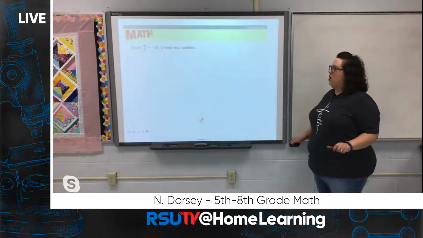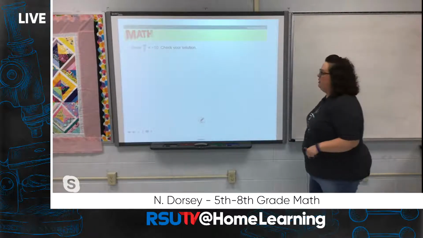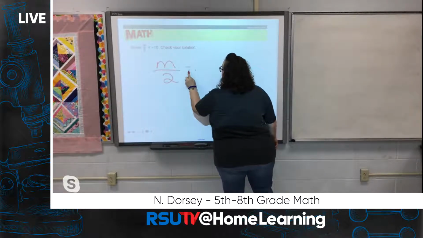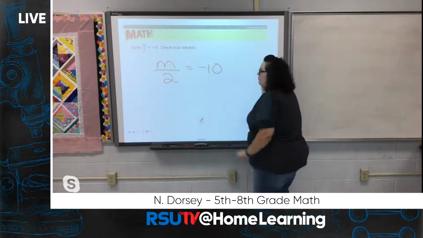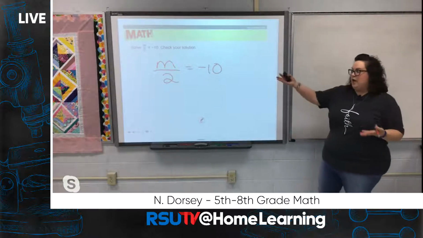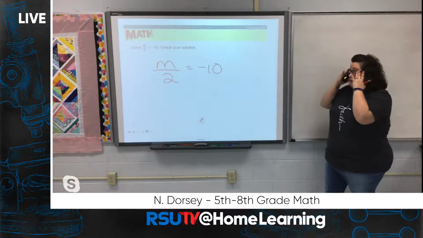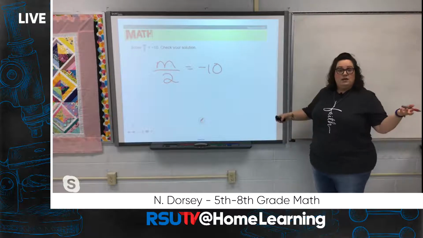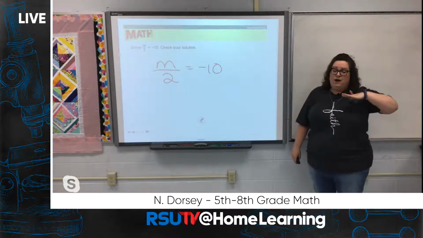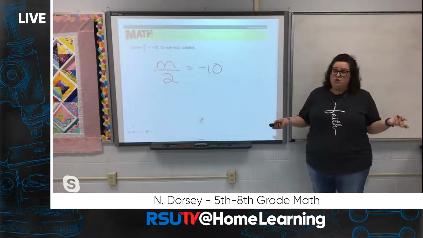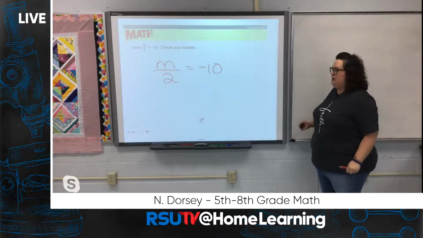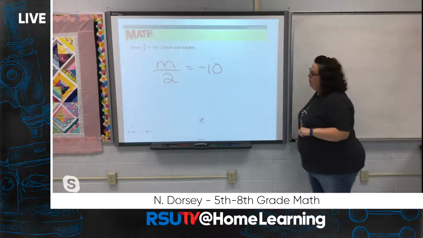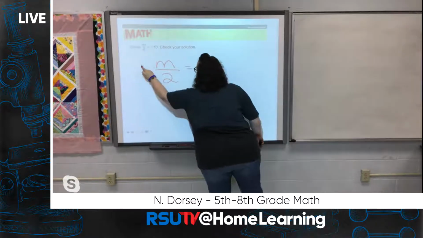Ooh, here's another one. And we'll go ahead and check our solution here. So I'm going to rewrite m divided by 2 equals -10. Now remember, I see the fraction bar. So that means I am going to multiply because it's the opposite. Even the fraction bar in a fraction still means division. Bet you didn't know that. Or maybe you did because you're just too smart for your own britches. So we are going to multiply both sides by 2.